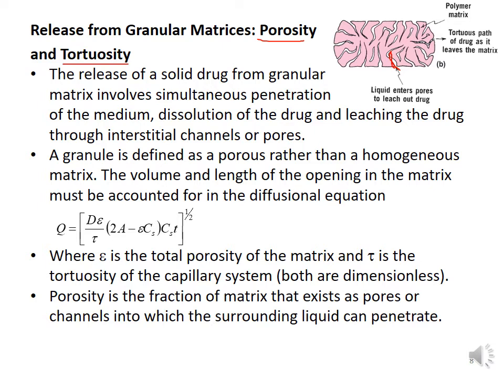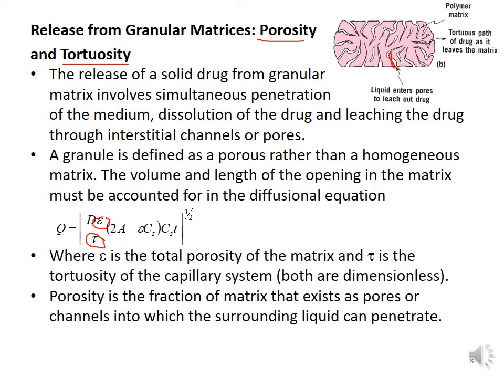Tortuosity is commonly used to describe diffusion or flow in porous media, and it is the ratio between the length of the curve to the distance between its ends. Tortuosity is the symbol tau, and porosity is the symbol epsilon.